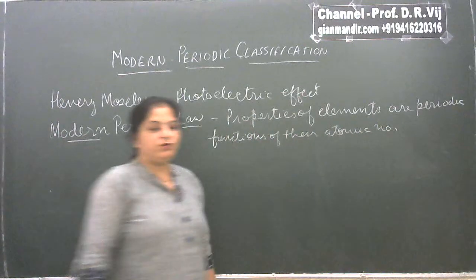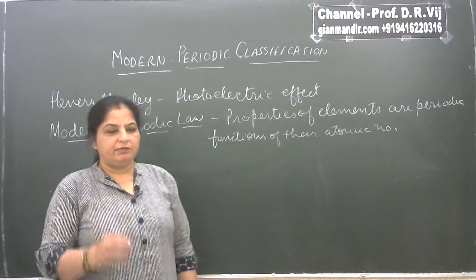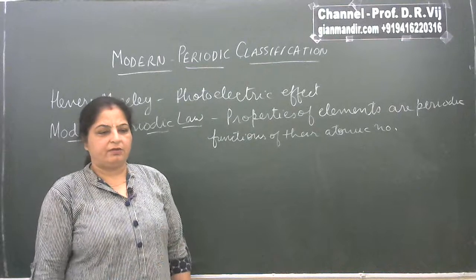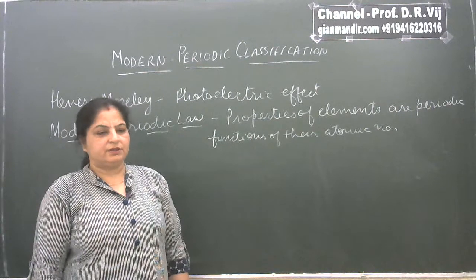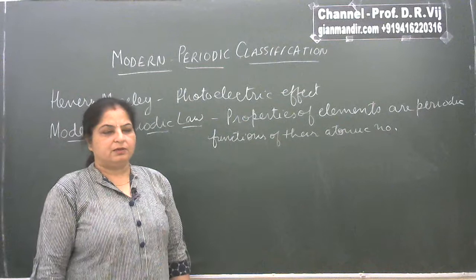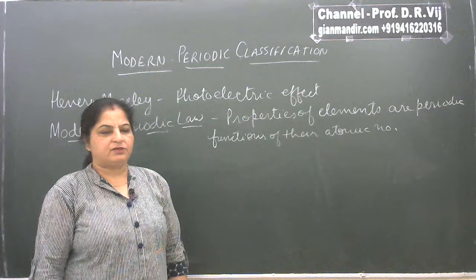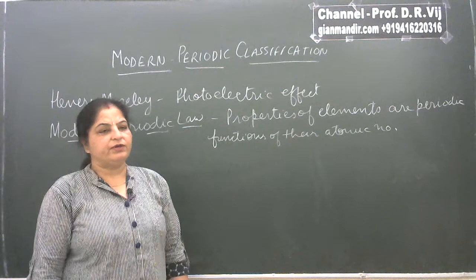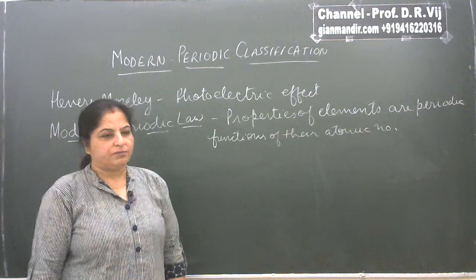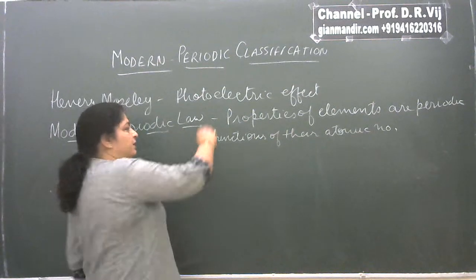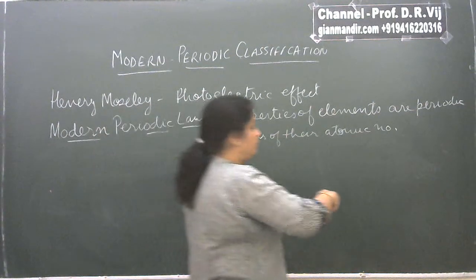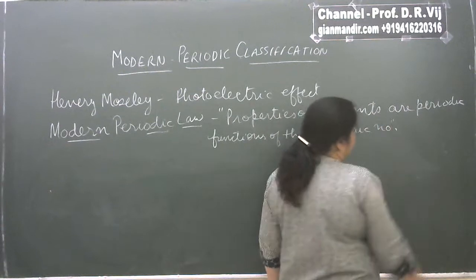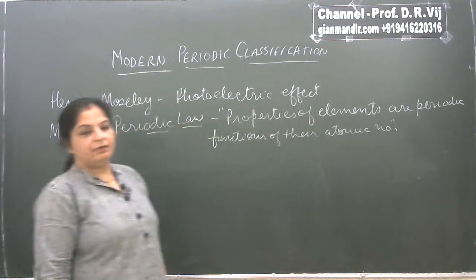That means if you keep arranging the elements in the order of increasing atomic numbers, then at certain regular intervals the properties of these elements are repeated, or you observe a recurrence in their properties. And that was a major breakthrough in studying the classification of elements.